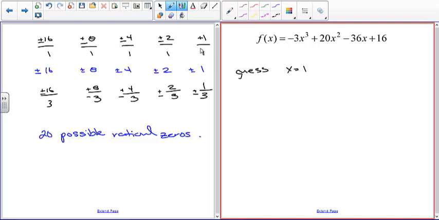That's the same as the factor x minus 1, if I move this to the other side.